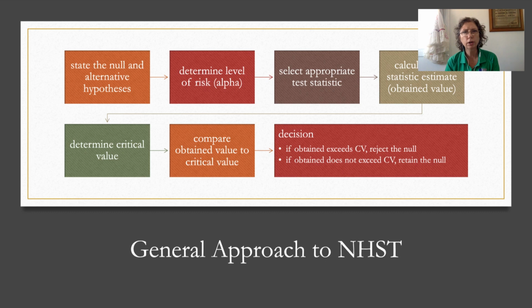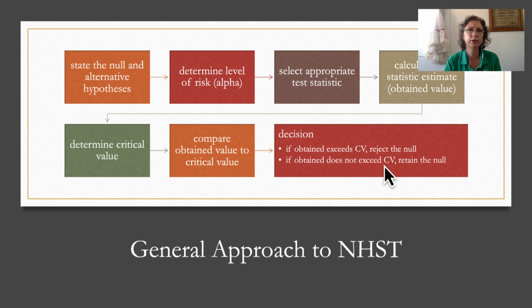So for what we're going into today, there are some things we have the program do for us. We have either SPSS or JASP or R, whatever statistical program we're using. It's going to calculate the test statistic, determine the critical value, and compare the estimate to the critical value.